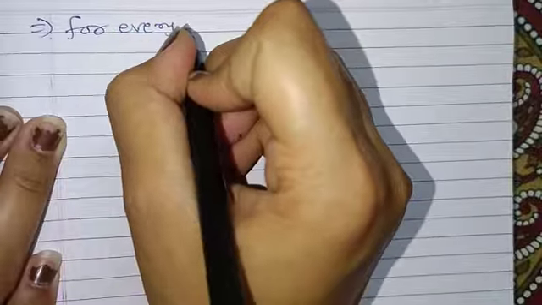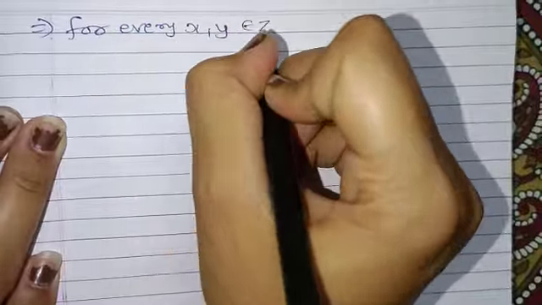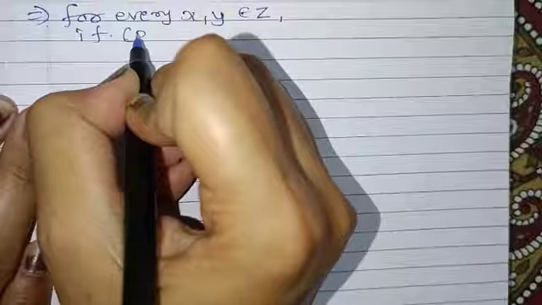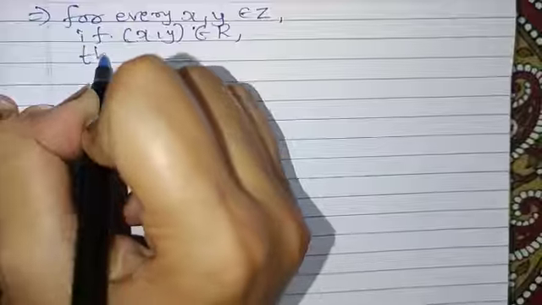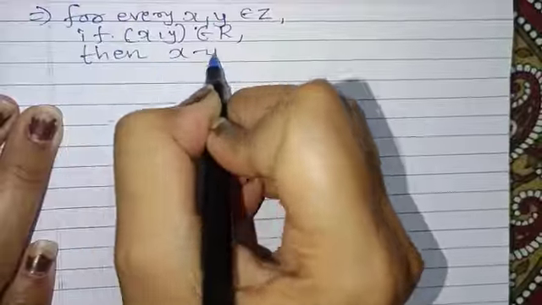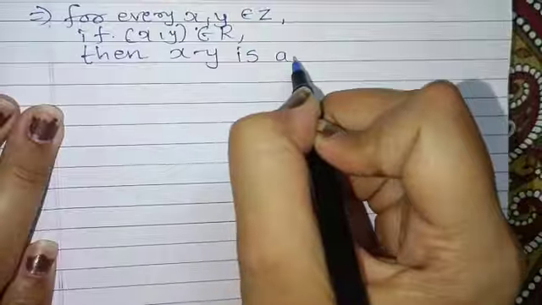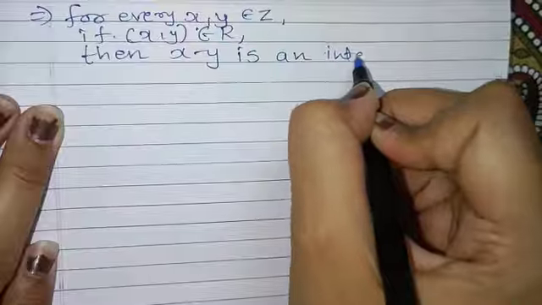Now, for every x and y belonging to Z, if (x, y) belongs to R, then x minus y is an integer.